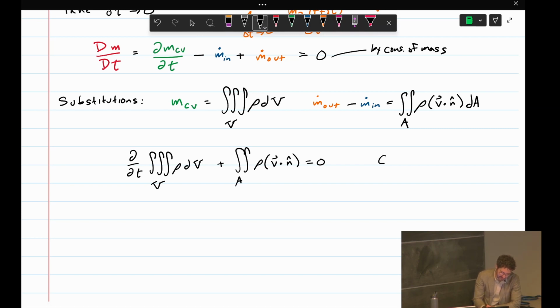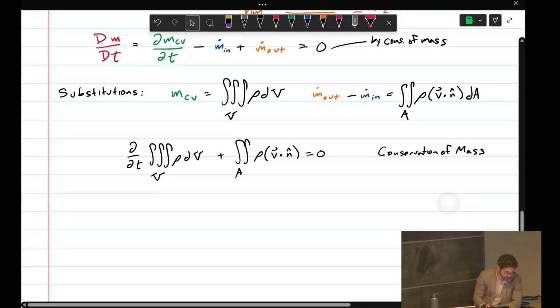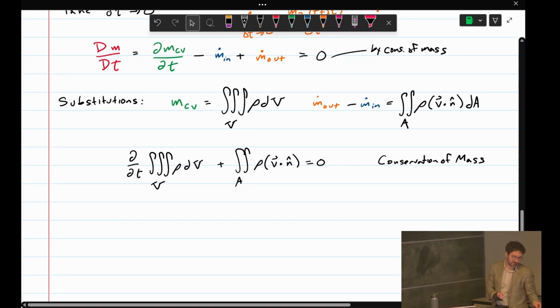So this is the equation that I've given before, and we've shown this before, which is just conservation of mass. Yep. So we derive conservation of mass for this control volume.